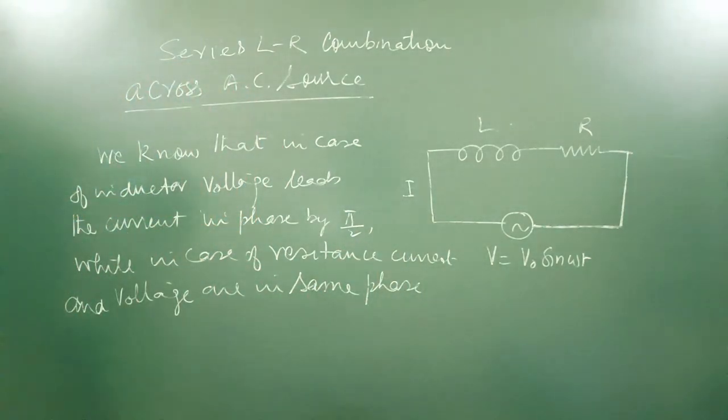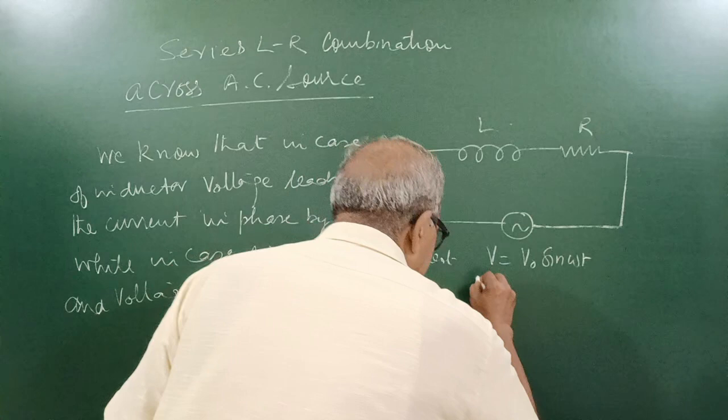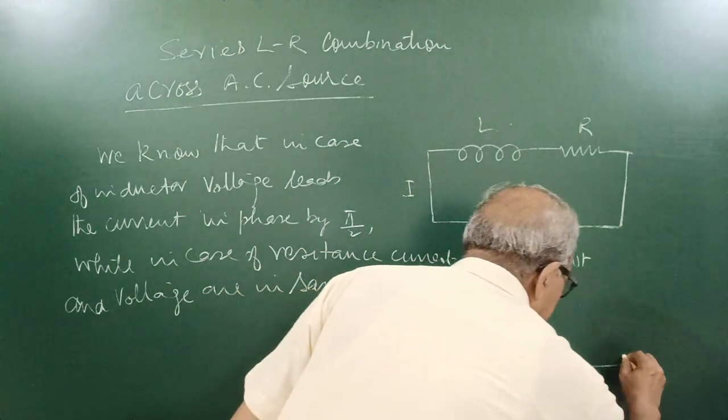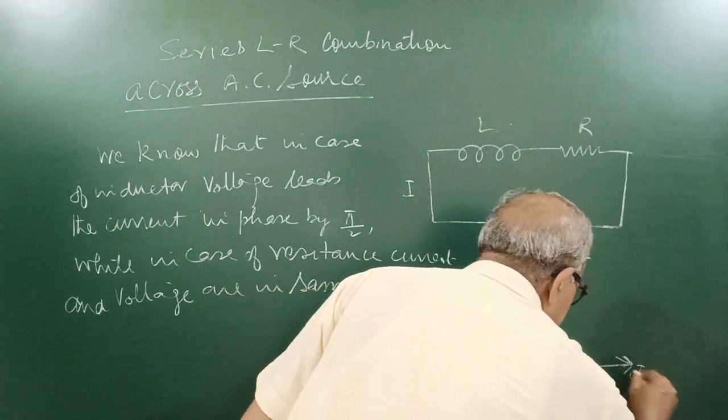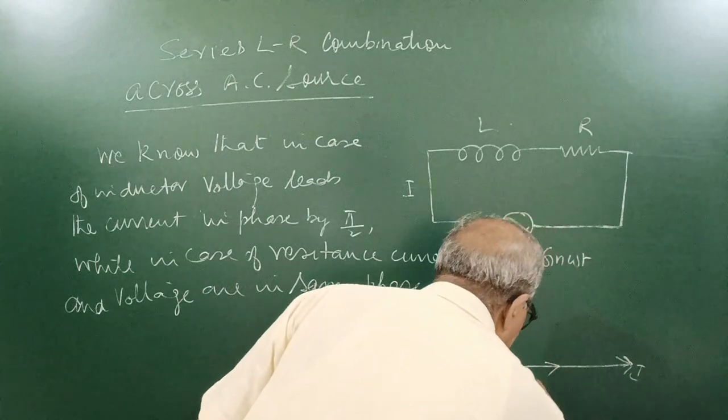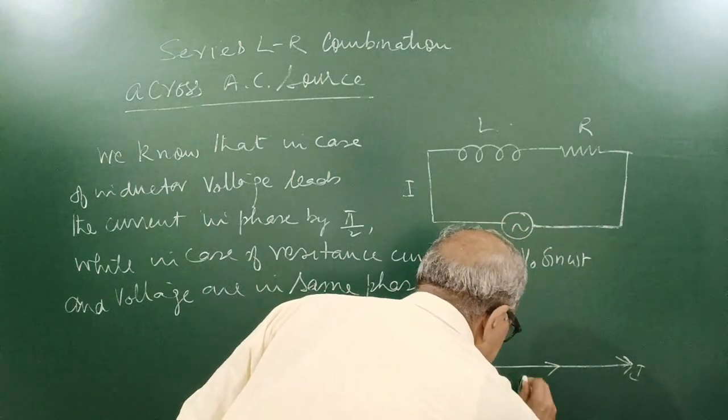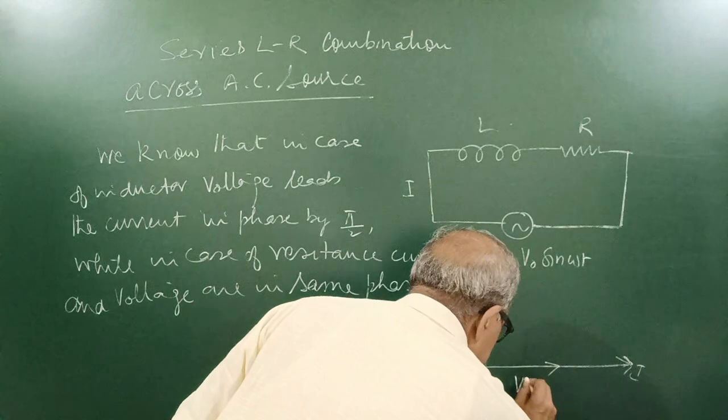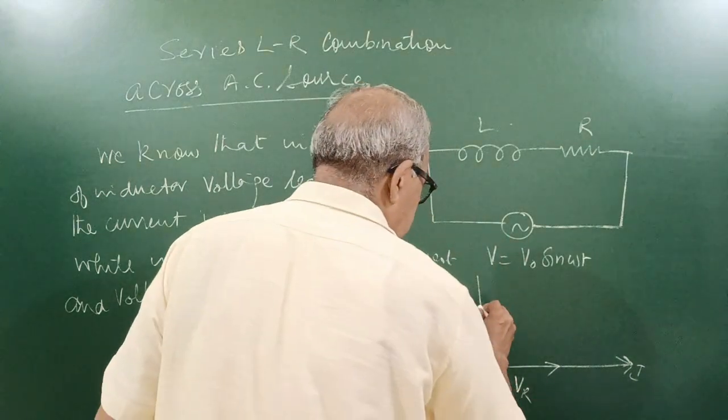So vectorly, that is, phasor diagram, vector diagram, if this direction is I, the potential drop across R is in the same direction, VR, and VR is this.